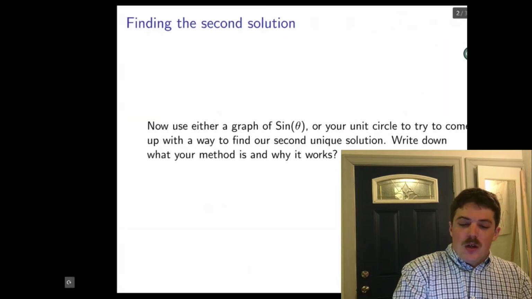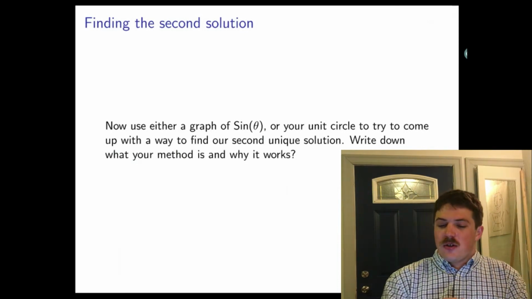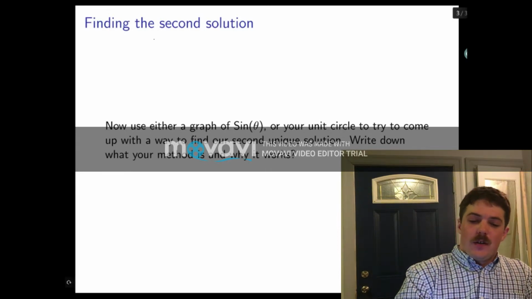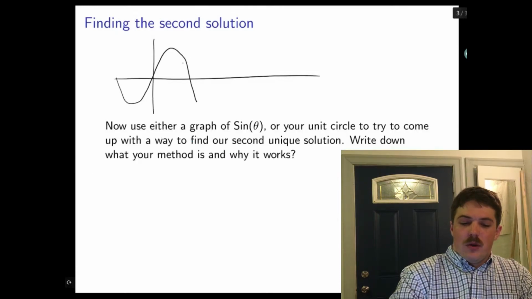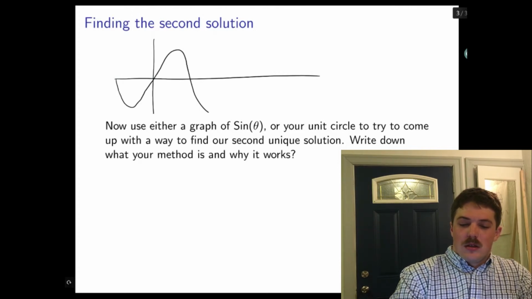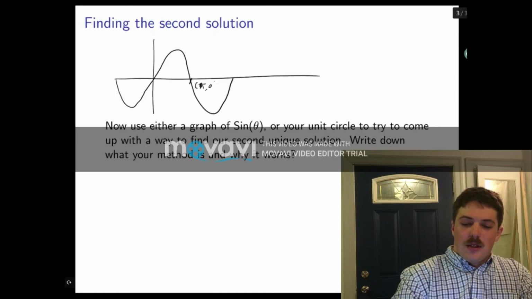So now we need to look at how we are going to solve for these multiples. As a table, either use the graph of sine of theta or the unit circle to try to come up with a way to find our second unique solution. If we're looking at the graph of sine of theta, remember this intersection is pi, comma 0.